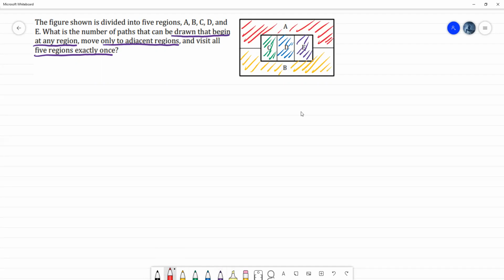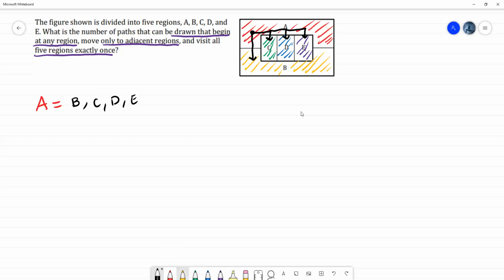So say you were on the A block. I'm just going to use black. You start off at the A block, and there's many places you can go from this starting point. You can go to the B tile because it's adjacent. You can go to the C, D, or E. So let's just write that down. You can go to B, C, D, and E.